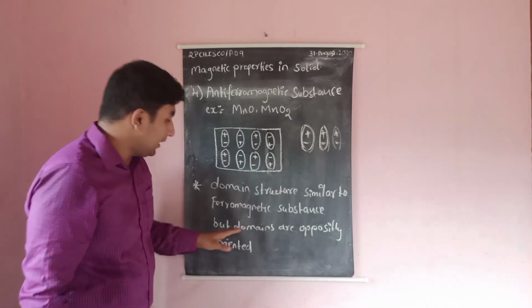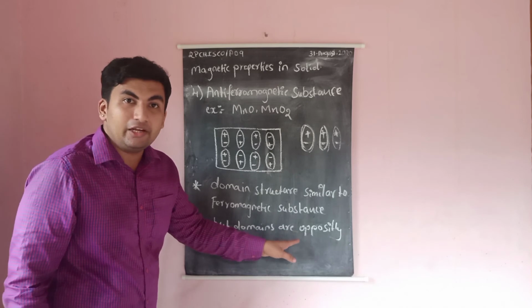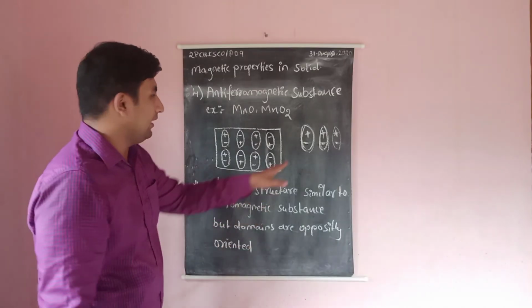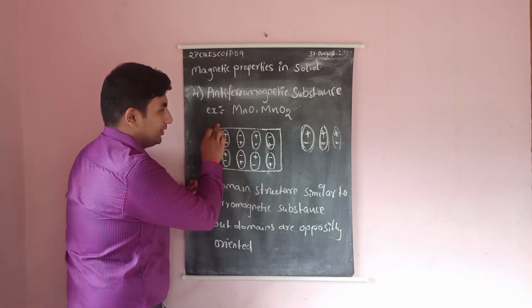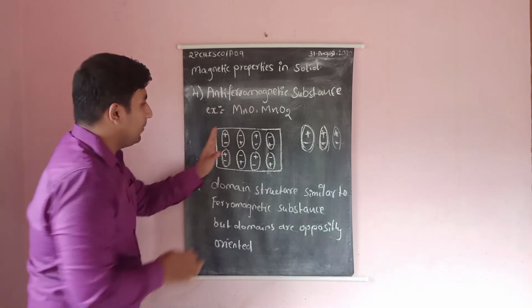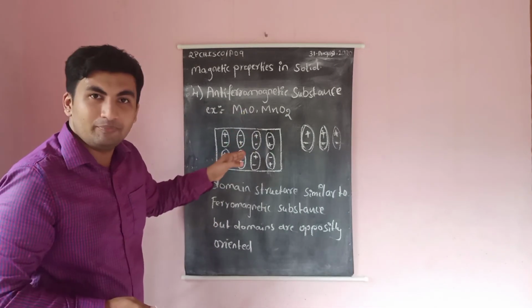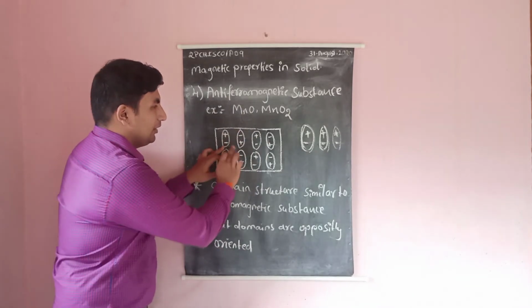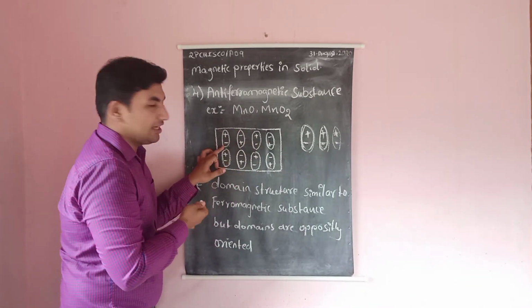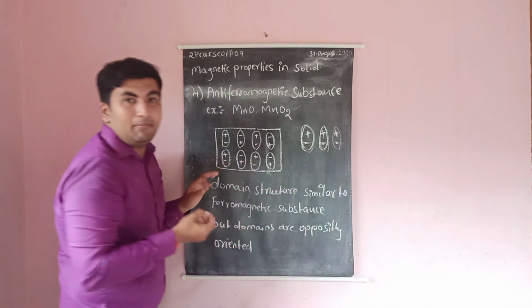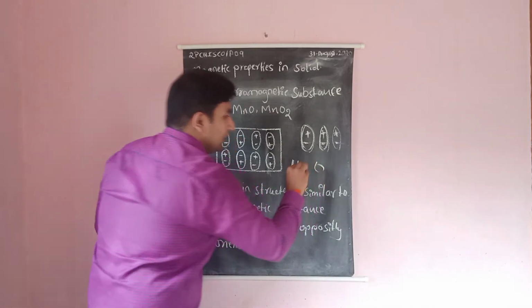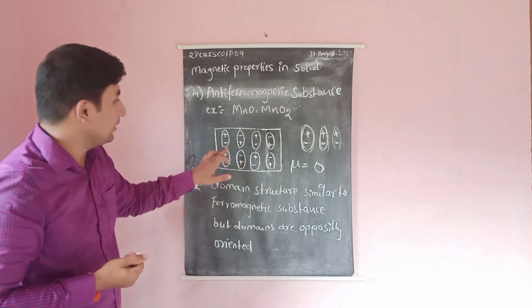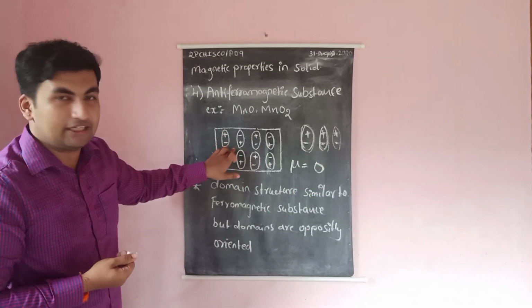In ferromagnetic substances, the domains are oriented in the same direction, but here the domains are oppositely oriented. You see here one direction, and this one is opposite to this one. So they cancel each other, isn't it? So the net magnetic moment, mu, is equal to 0.